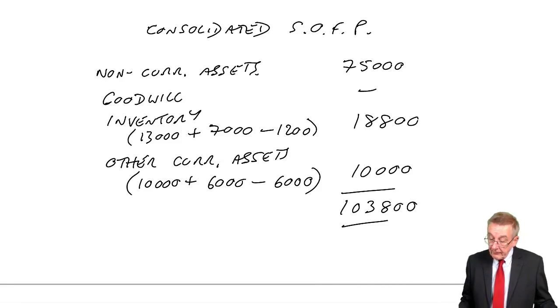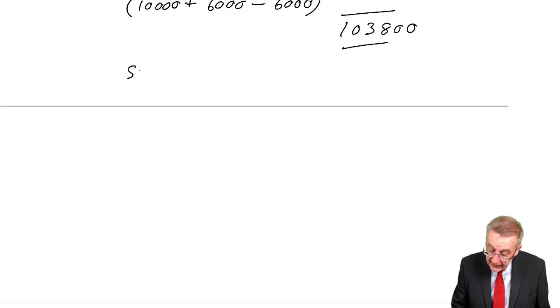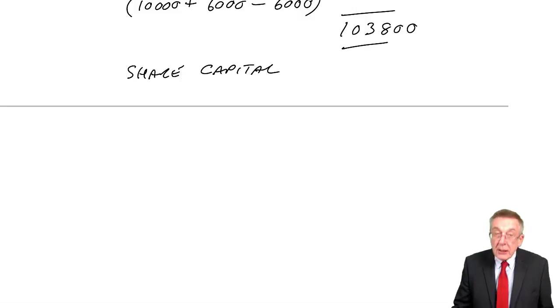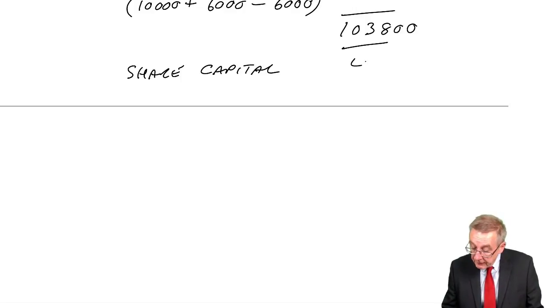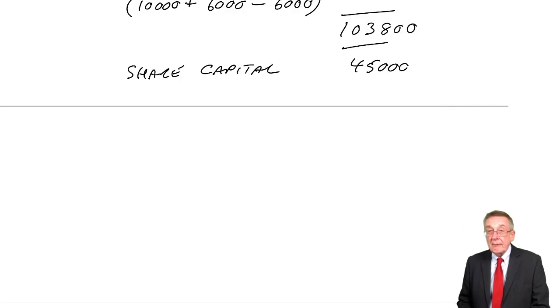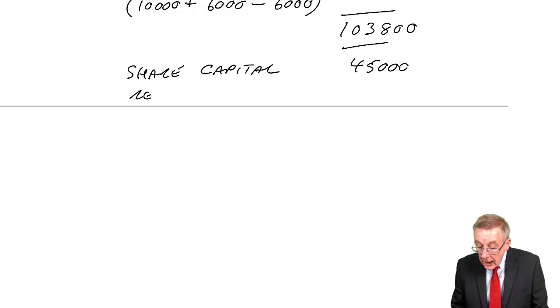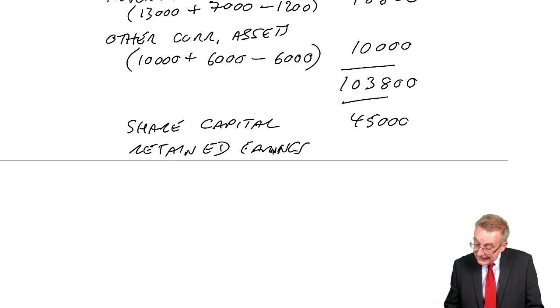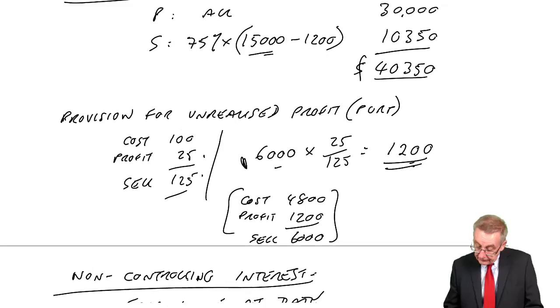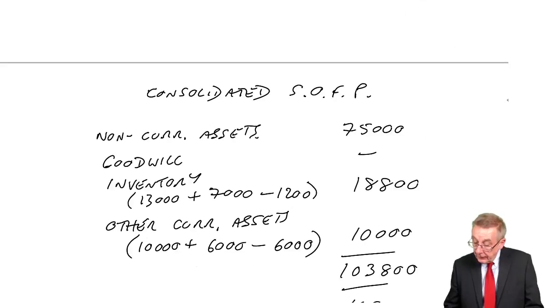So do I do that? Yeah. What about equity and liabilities? Share capital. We've done enough times. It's always simply the share capital of the parent company, so 45,000. Retained earnings. We've done our workings. And what was it? 40,350.